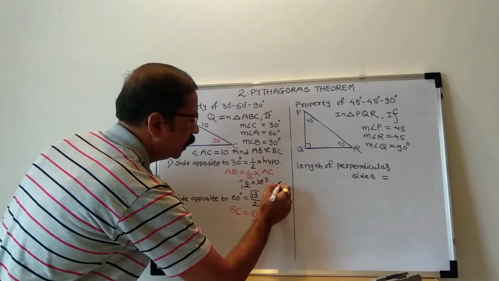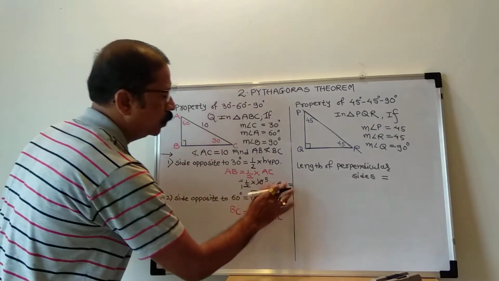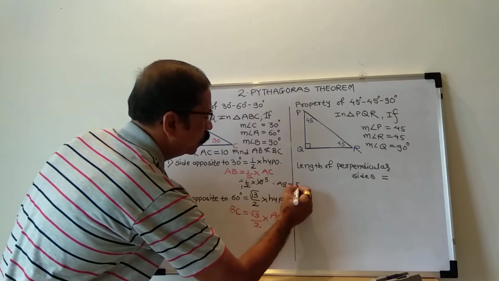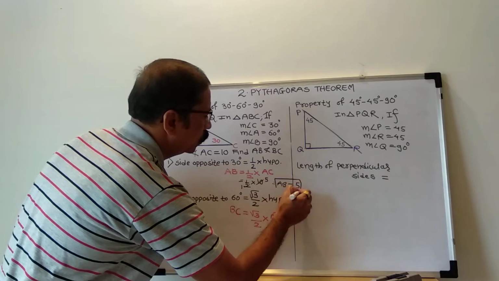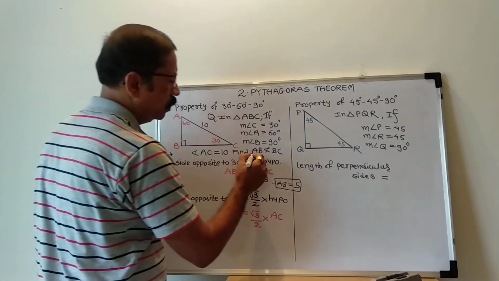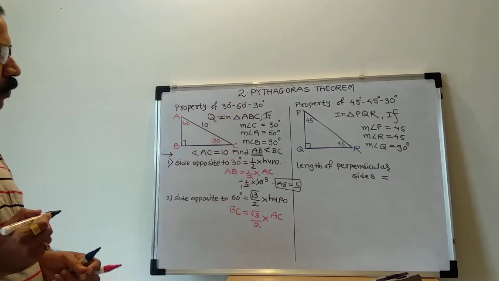Therefore, AB is equal to 5. So here you got the answer. Find AB: AB is equal to 5.